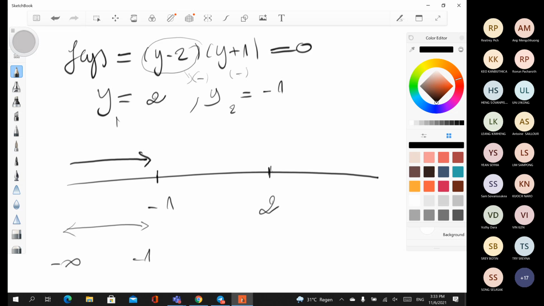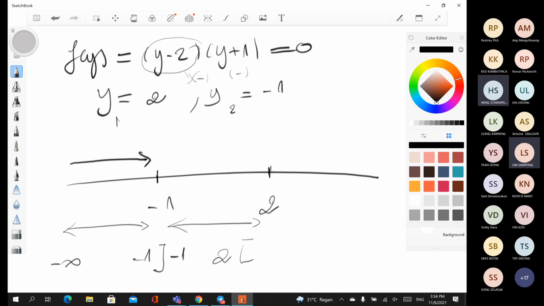Okay, if from minus 1 to 2, positive or negative? Both. I don't think both, teacher. Negative, I think negative. When you put it like this, you have to put this count. We only take the value between, teacher? Between only.